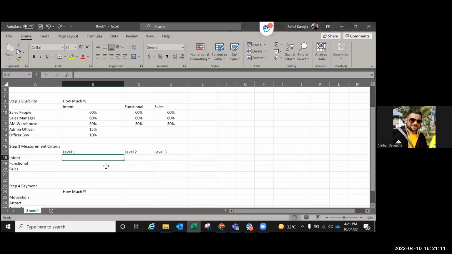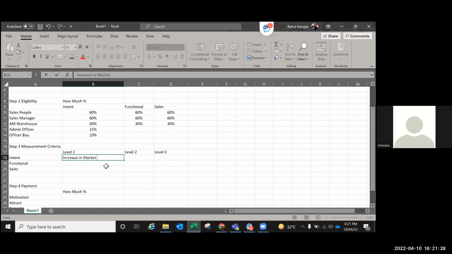Increase market share. Market share na, increasing profit margin? No, for market share, the intent is that our objective is to increase the market share from 12 to 15%. So sales volume, increasing market share or sales volume can be measurement criteria.